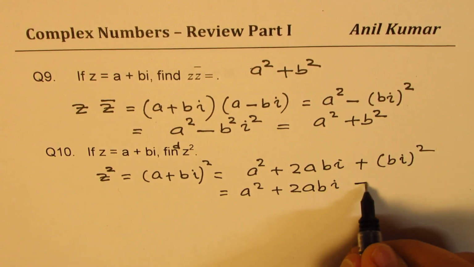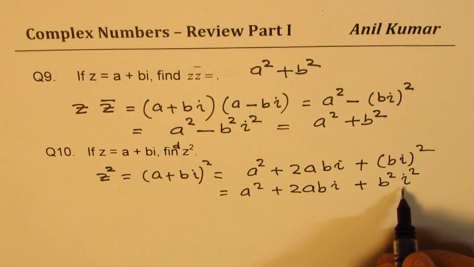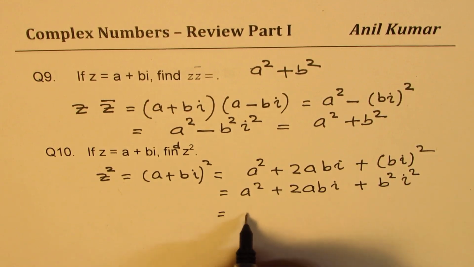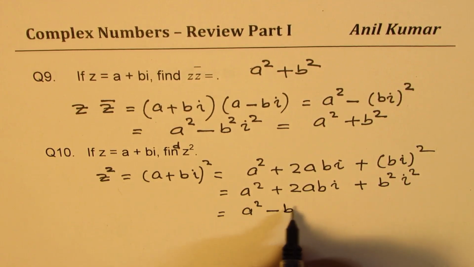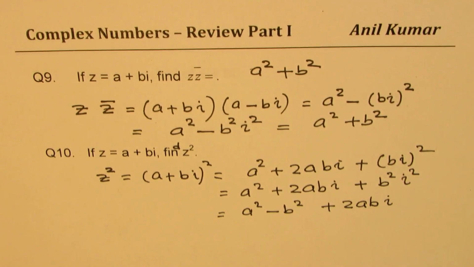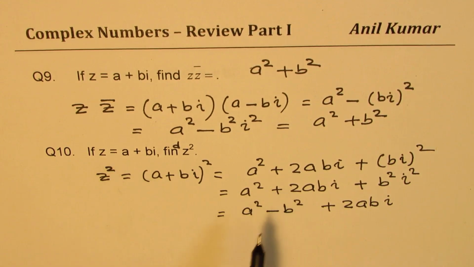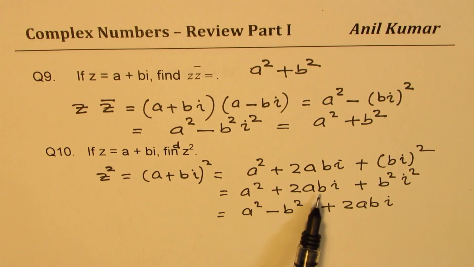Now this is b square i square. i square is negative 1, right? So we get a square minus b square plus 2abi as our result. So the square of a complex number could be written as a square plus 2abi minus b square, or rearranged in this particular fashion. So I hope that is clear, right?